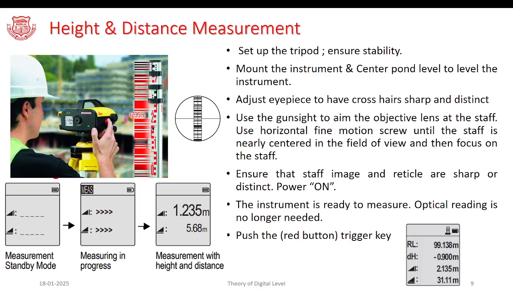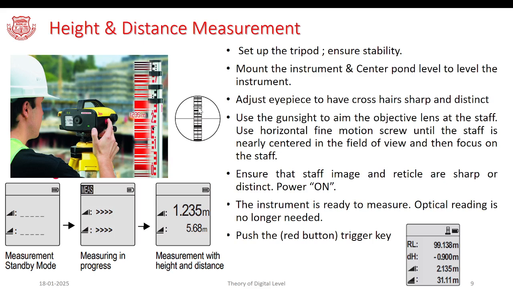However, if you go for a specific distance measurement or some kind of check and adjustment program, there could be a requirement of having the equipment centered through specific distances. We have to focus the eyepiece in order to get a clear image of the vertical hair as well as the horizontal hair, and subsequently we have to make use of the gun sight to aim the equipment towards the staff.